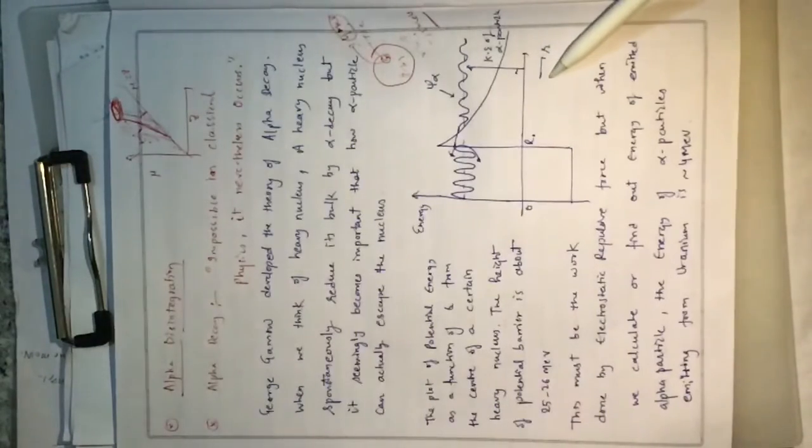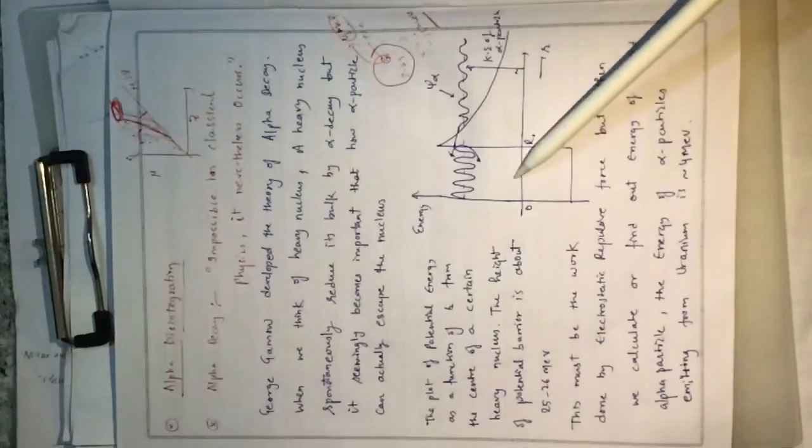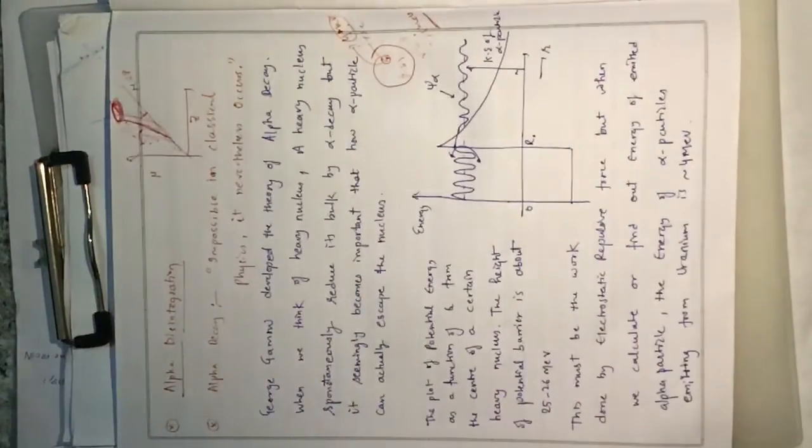This happens, and quantum mechanics explains it. I draw a graph of energy with respect to distance. At the distance of r naught, the nucleus radius, the potential extends till here, so the interaction is till here.